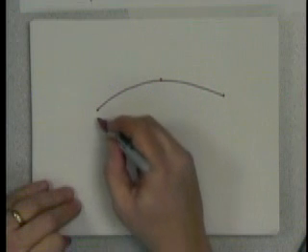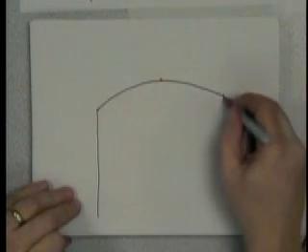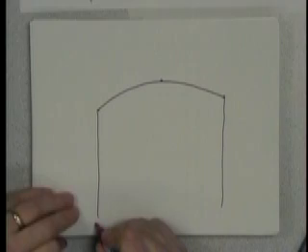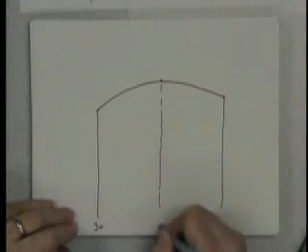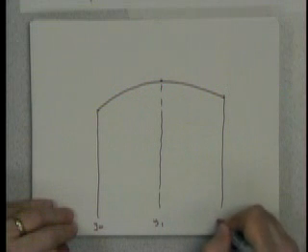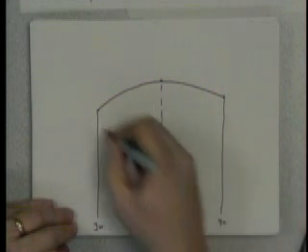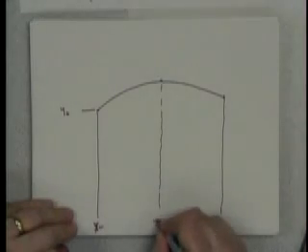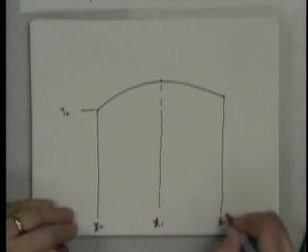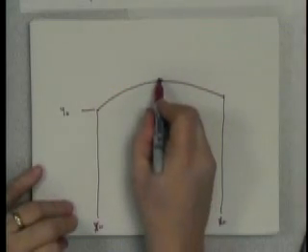If I call this y0, this y1 and this one y2, and by y I mean the y values here, then these would be x0 and x1 and x2, and these are the y values.